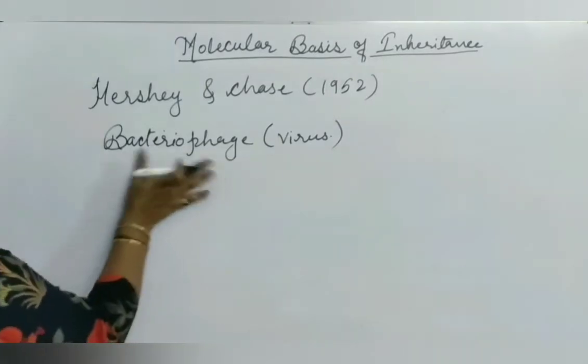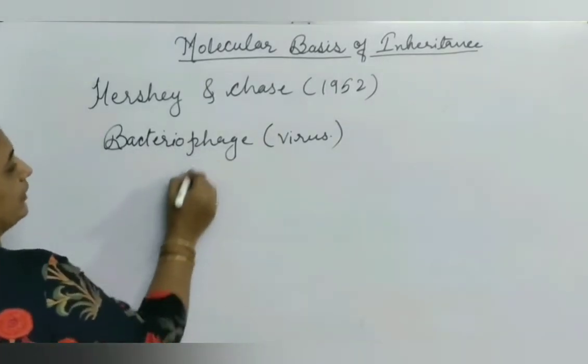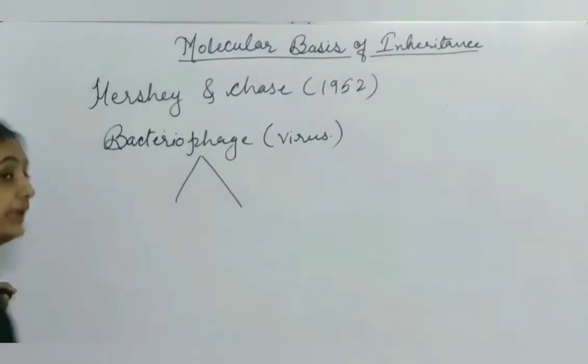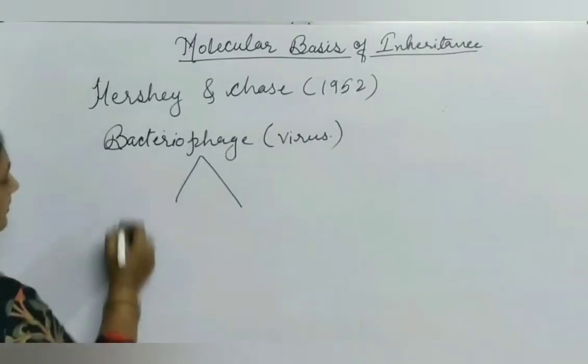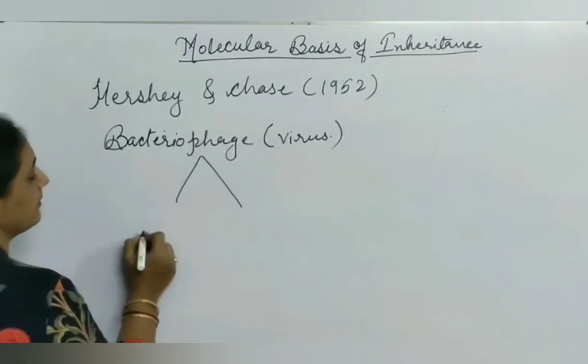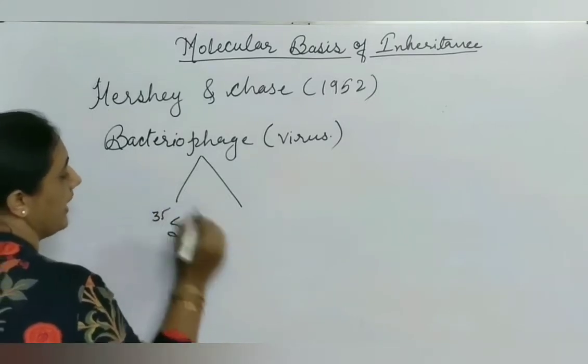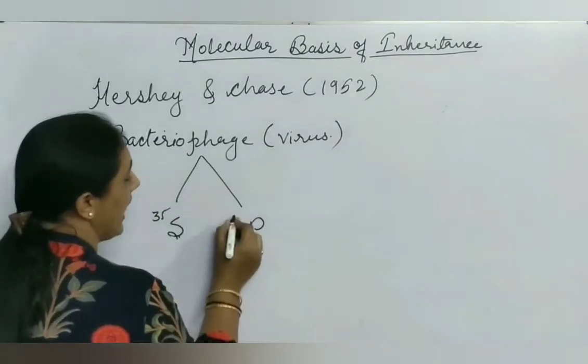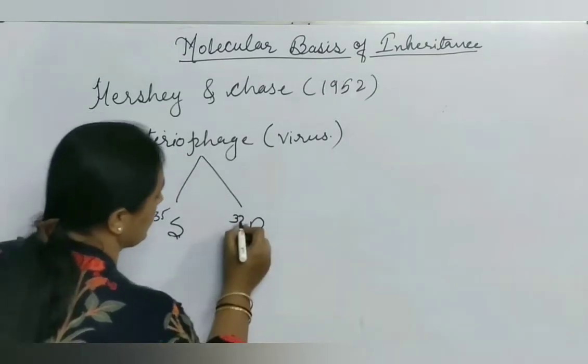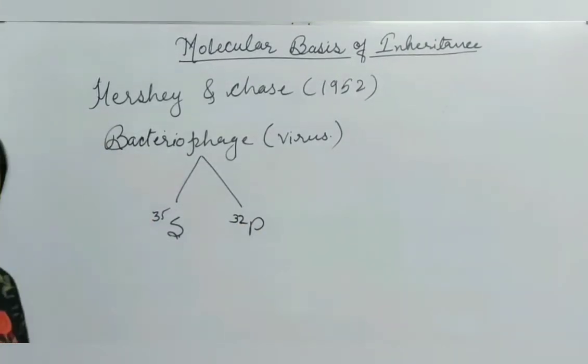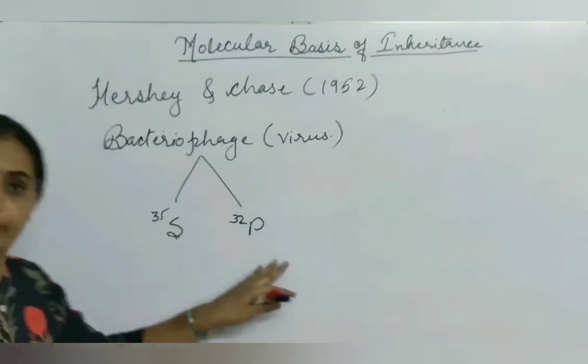And they cultured this virus bacteriophage in different media. In one medium, they used only sulfur isotopes, and in another medium, they used isotopes of phosphorus. And they cultured these viruses in different media.